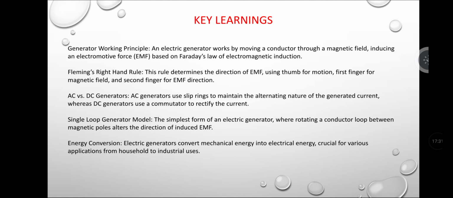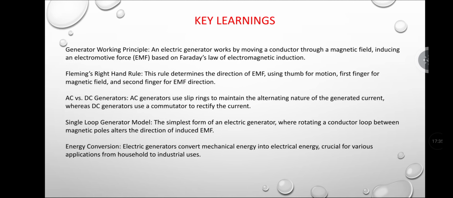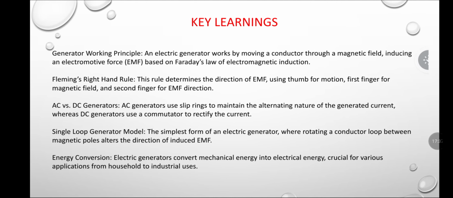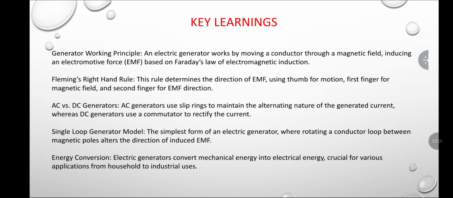Let's have a look at the key learning of what we gained today. Generator working principle: an electric generator works by moving a conductor through the magnetic field, inducing an electromagnetic force EMF based on Faraday's law of electromagnetic induction.